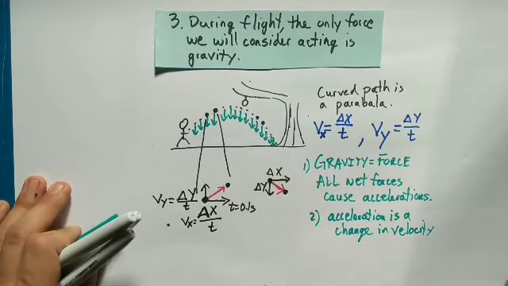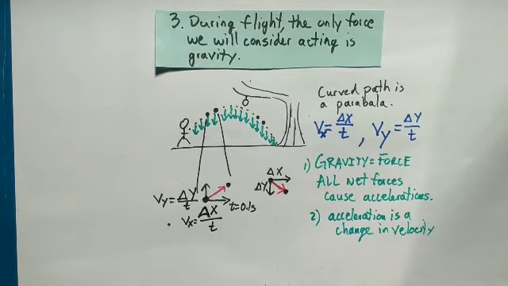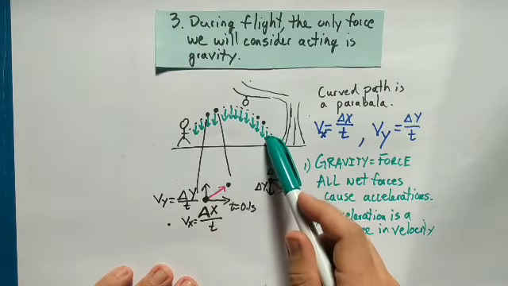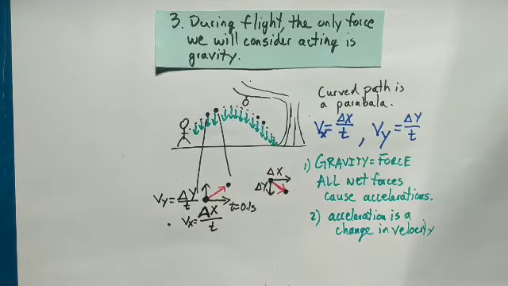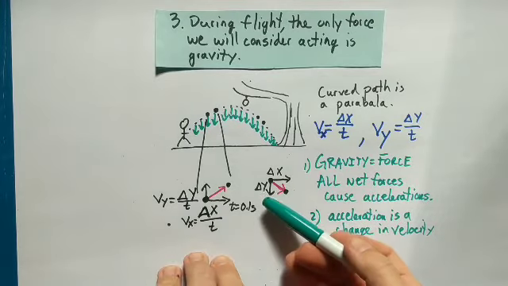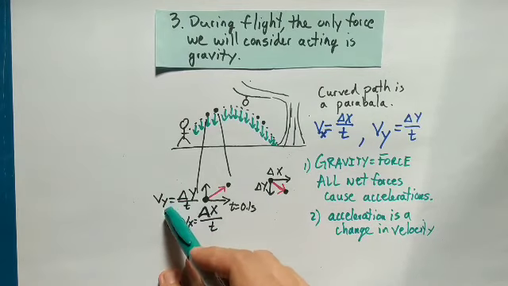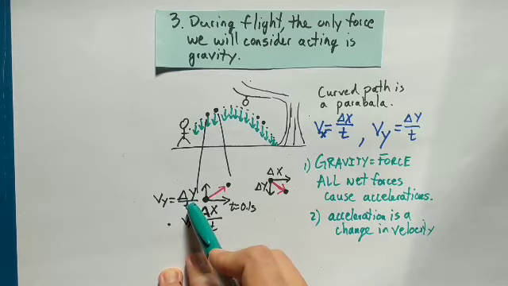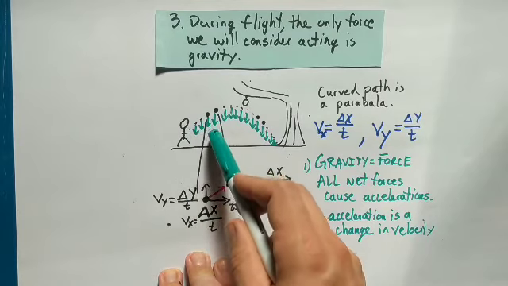So if I were to go back and consider what is happening throughout this entire time, we're ignoring air resistance and ignoring the wind because there's too many variables that go in with that. We know that gravity is always pulling down. So our velocity of y will be changing because there is a force in the y dimension.